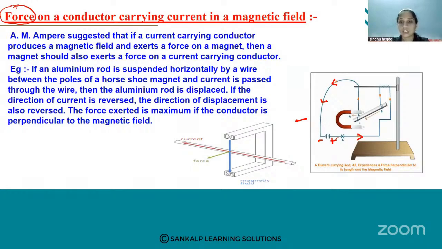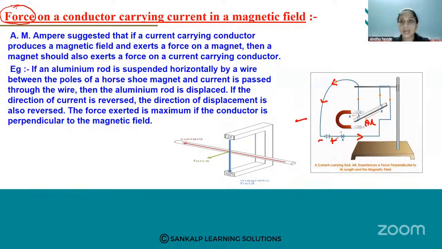Okay, we take one aluminium rod which acts as a conductor here, because we know that conductors are those which allow the current to flow through them. All the metals are considered good conductors. So here aluminium is also one type of metal, right? So this acts as a conductor here. So when the current starts flowing in the circuit, we know that when the current flows through a conductor, a magnetic field is generated.